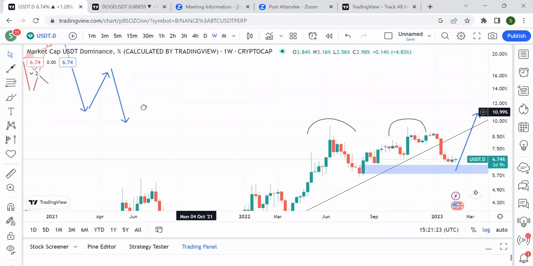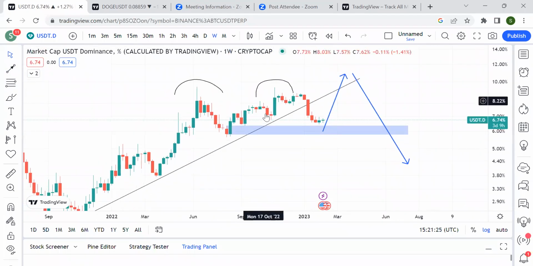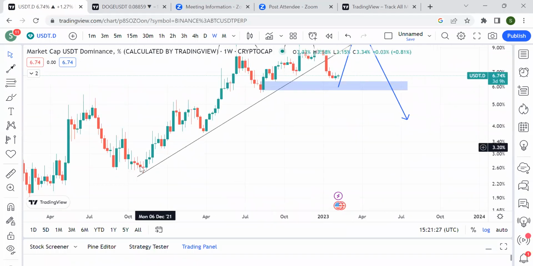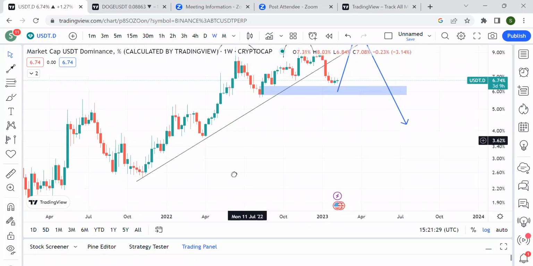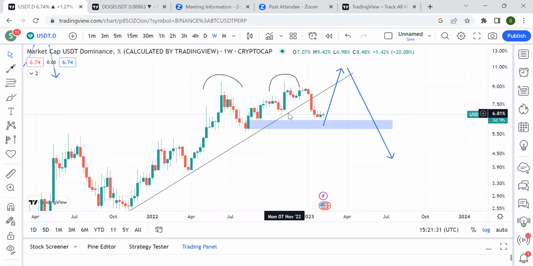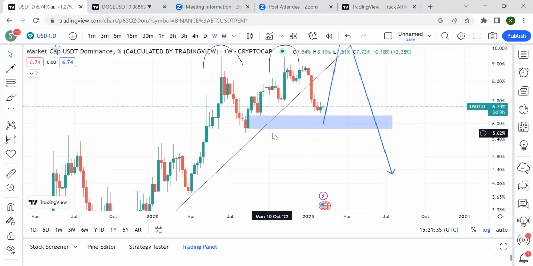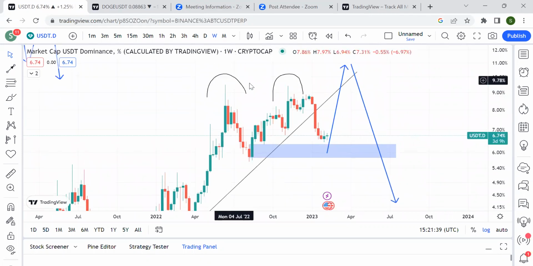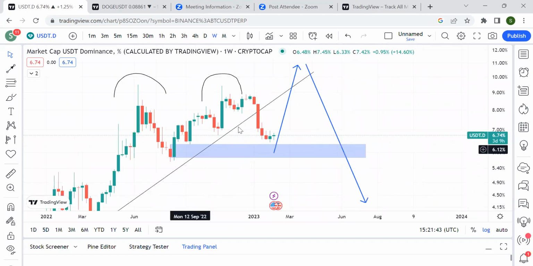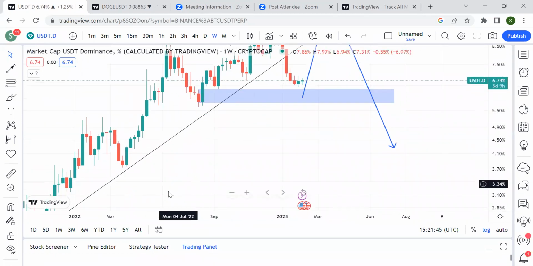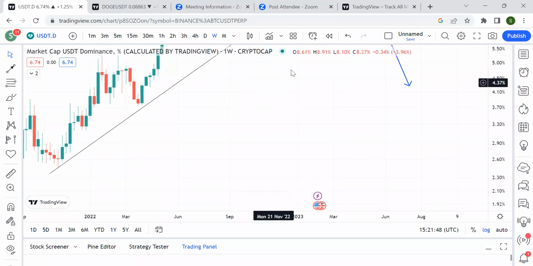If you look at USDT dominance, look at this: tap up, tap up, tap up, now it broke down, and here is the weekly demand zone, and it created a double top kind of pattern. So shorts are building and money was building here. In this region money is placed.